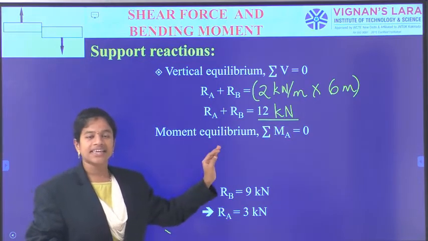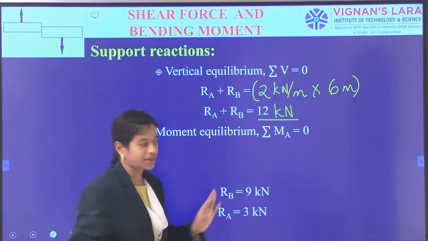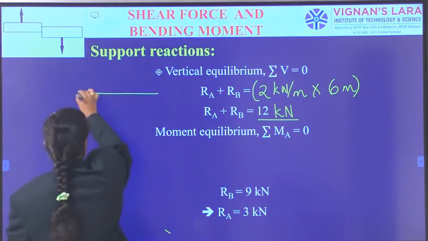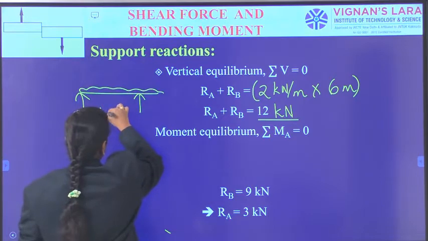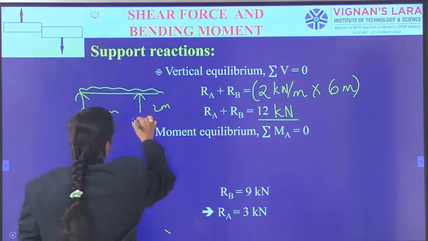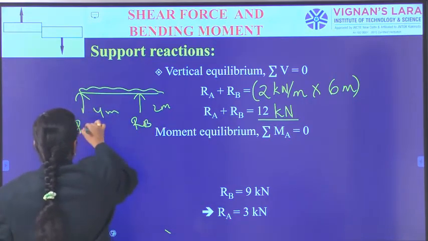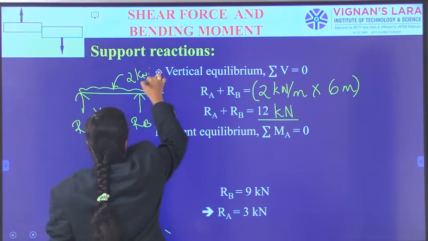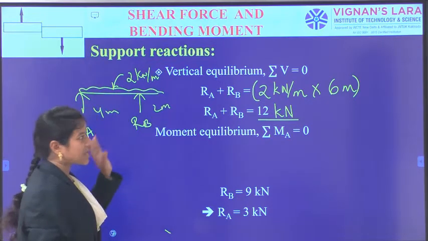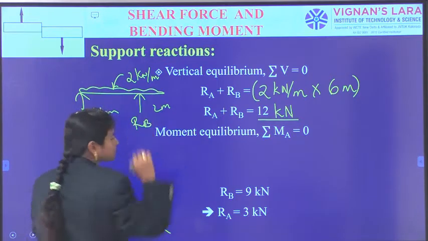Again, for the next equation, I am going into moment equilibrium. As we already know, the spans are 4 meter and 2 meter, with reactions RA and RB, and a UDL with intensity 2 kN per meter. So, this is our overall beam structure.